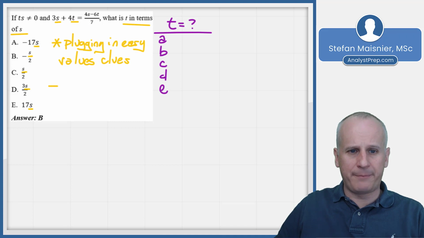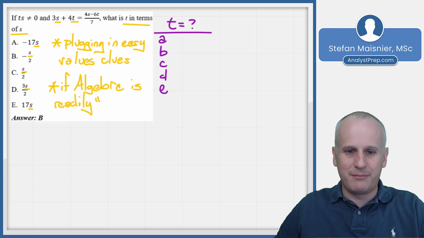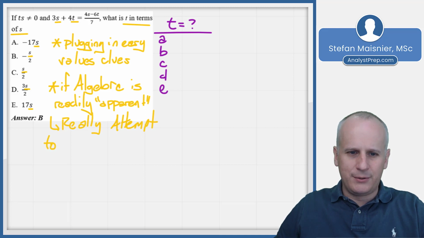Because the algebra is readily apparent, and we'll use quotation marks because that is our metric, as it were, we'll just say really attempt to technically manipulate first.